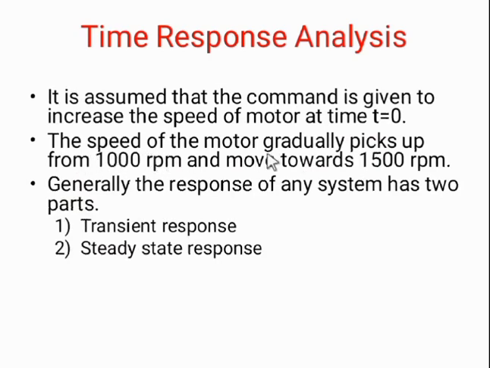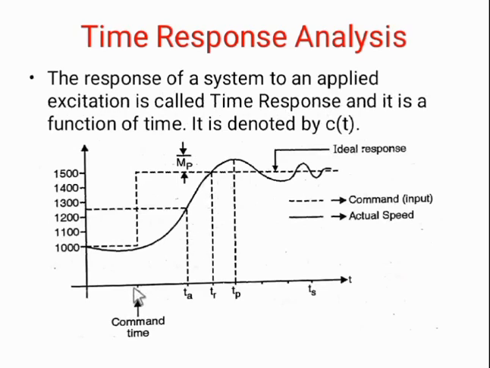So the speed of the motor gradually picks up from 1000 rpm towards 1500 rpm. If the command is given at t equal to 0, the motor speed does not instantly achieve the final output; it takes some time to reach its desired output. This response of the speed with respect to time is known as the time response analysis.